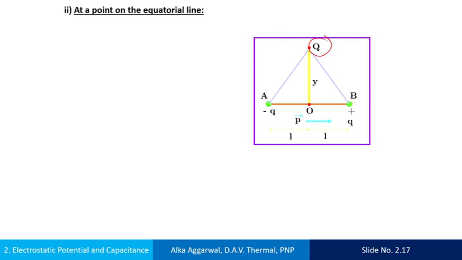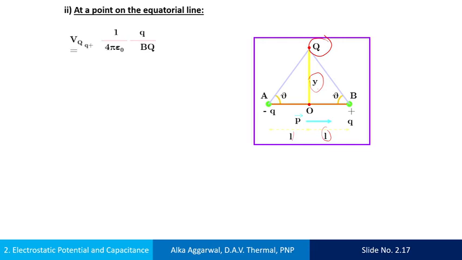So QA is equal to the square root of y squared plus L squared using the Pythagoras theorem. Similarly, QB is also equal to the square root of y squared plus L squared using the Pythagoras theorem, meaning to say that QA is equal to QB.